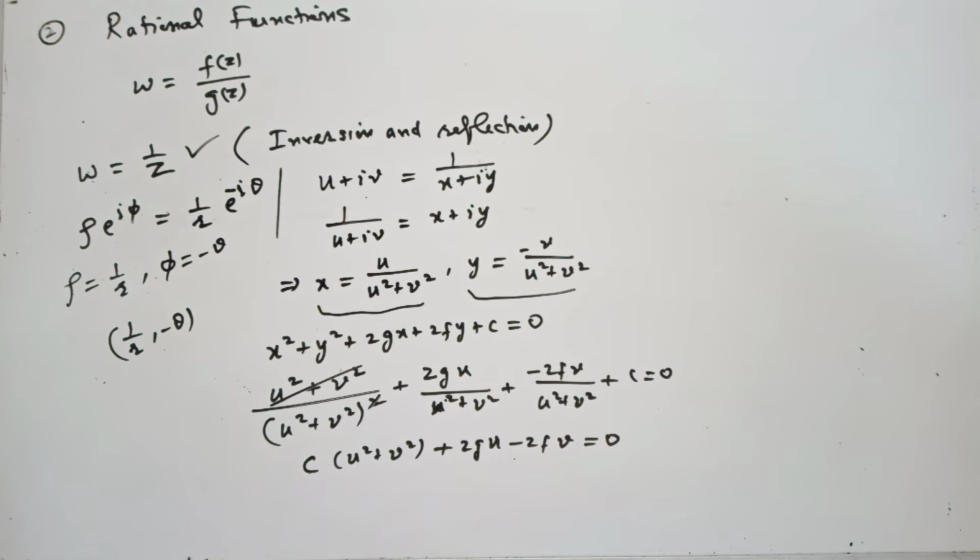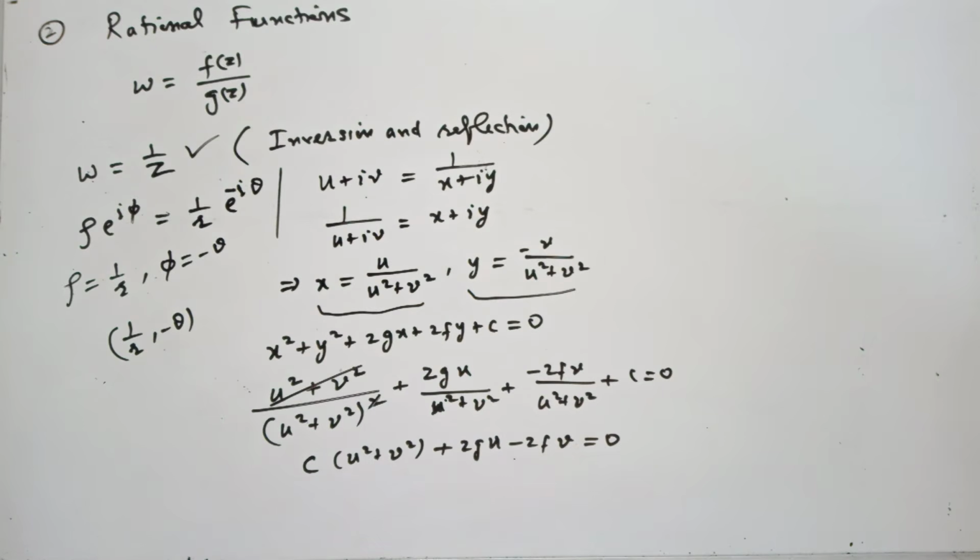C times u square plus v square plus 2zu minus 2fv. C I have written in front, okay? Now see what do you get from this.